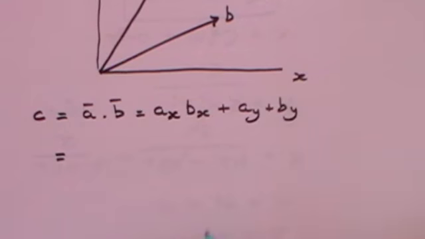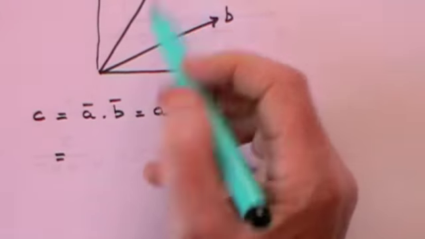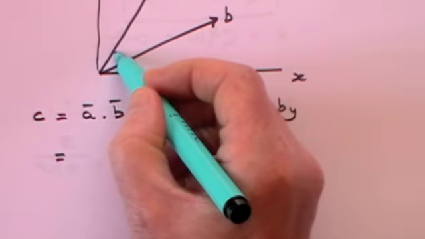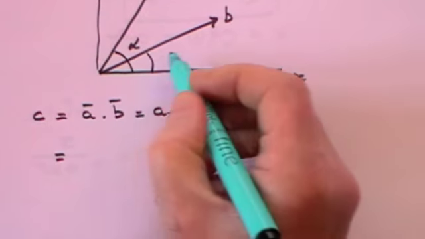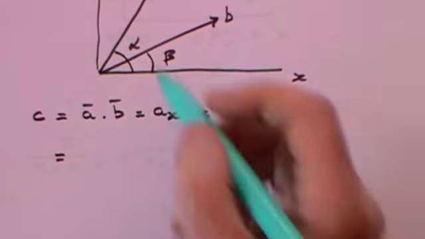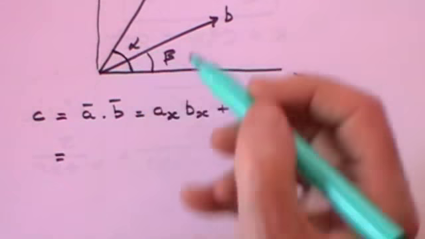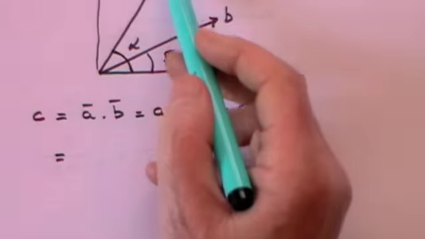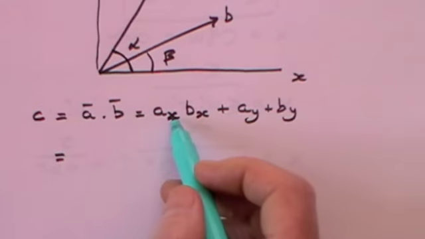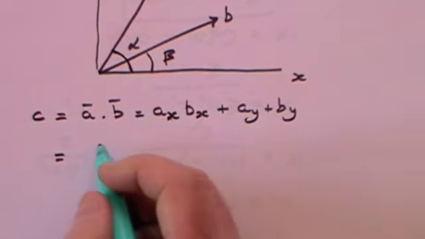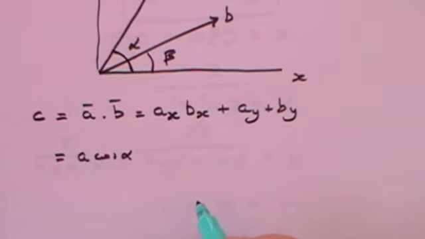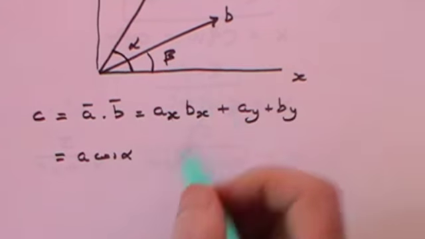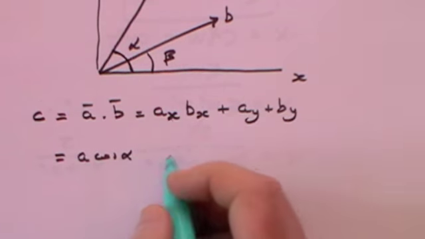Well, let's see if we can do this. What is the component if this angle is alpha and this angle is beta? So the whole angle here is alpha. The component of A in the x direction, A_x, is going to be A cosine alpha. The component of B in the x direction is going to be B cosine beta.